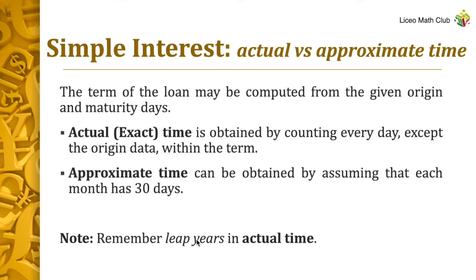Just one more thing to note in the actual time: remember leap years. We know that 1 year is equal to 365 and a quarter days. In our ordinary calendar, we omit that 1/4, because when we round off 0.25, it just becomes 365. But that quarter accumulates every 4 years.